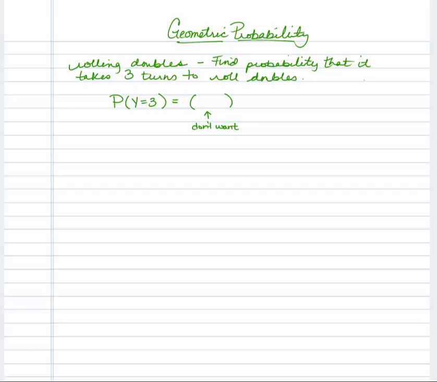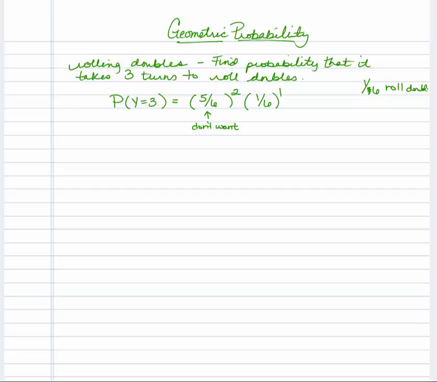We know it's a 1/6 probability to roll doubles, so that must mean it's a 5/6 probability of not rolling doubles. And we want to do that 2 times. And we want to roll doubles, 1/6 is our probability, and we want to do it 1 time.